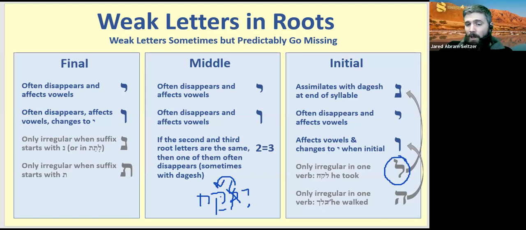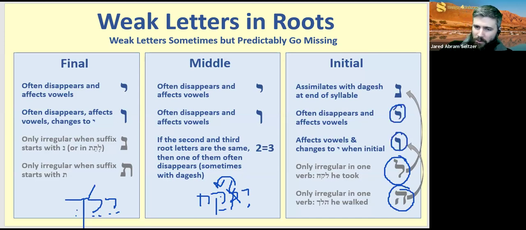Also, there's the verb halach. Halach means he walked, but in the future tense, it becomes yelech. Wait, where did the hey go? It's gone. It behaves a lot like an initial vav.